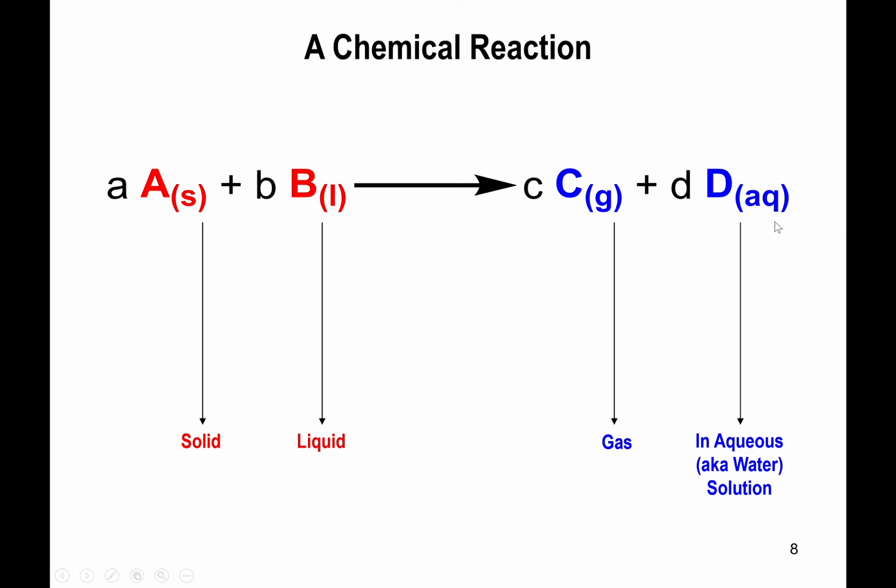In addition, we also use (aq), which stands for aqueous, also known as something dissolved in water. A lot of the substances we're going to talk about in this class do dissolve in water. There are some that don't, but if it does dissolve in water, we have to depict it with the aq symbol. That's going to have some consequences in terms of the balancing equations that we're going to look into a little later.